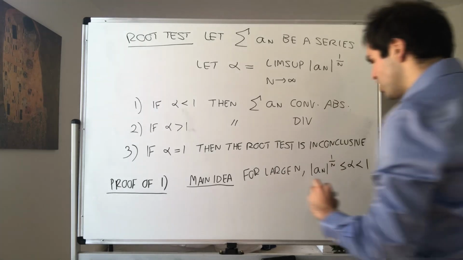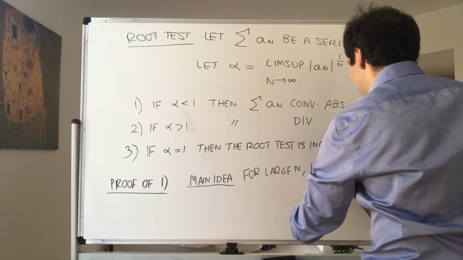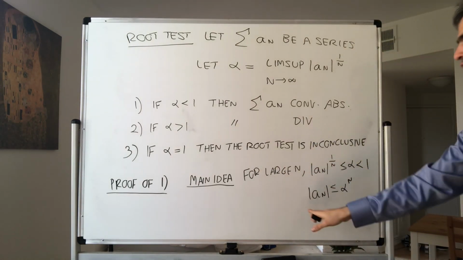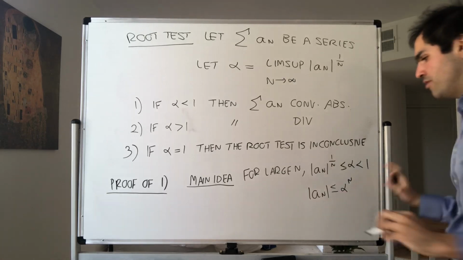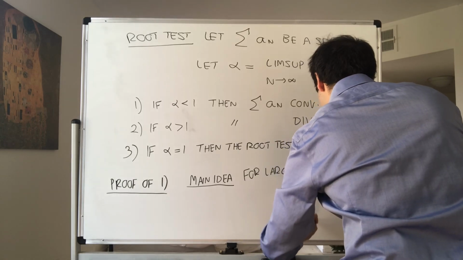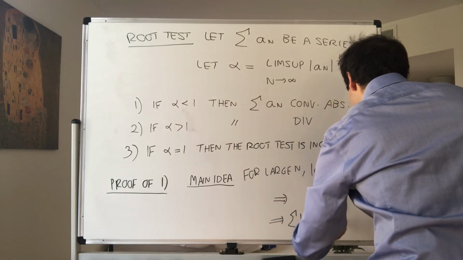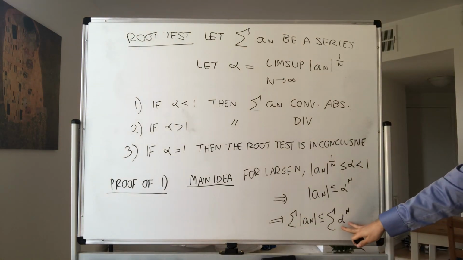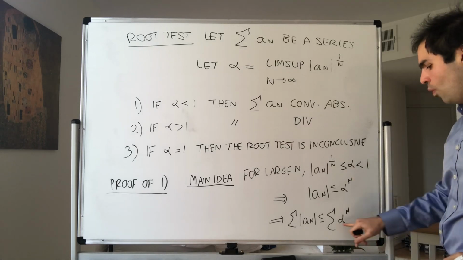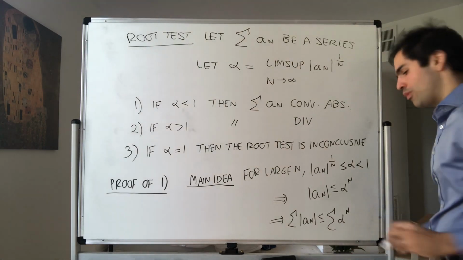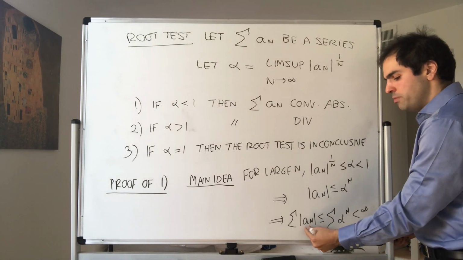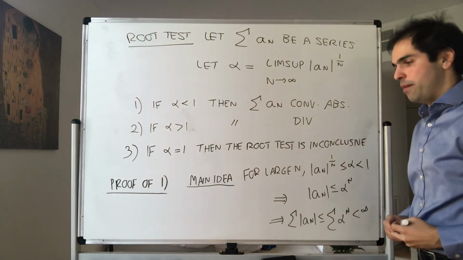So really for large n, what we get is a_n is less than or equal to alpha to the n, which means, again for large n, the series of a_n is less than or equal to the series of alpha to the n. But that's just a geometric series with alpha less than 1, so this geometric series converges. And therefore, this series converges, which means that the series of a_n converges absolutely.